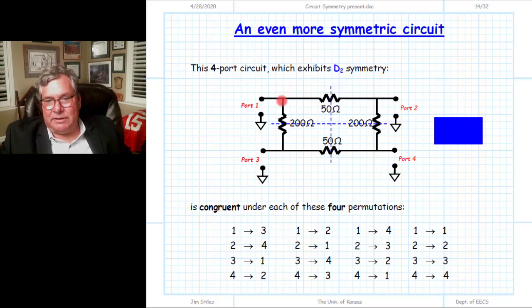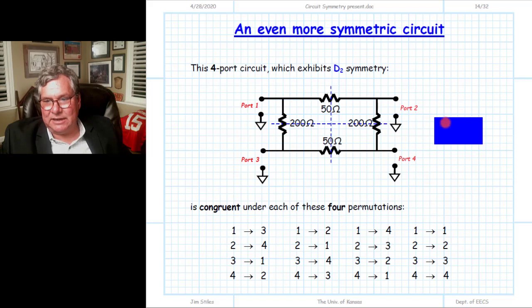By the way, I've written this as a 4-port device using simple resistors. Of course, we could use more complex values in here, more complex structures and reactive elements, and ultimately we'll talk about lengths of transmission line that preserve this symmetry. But I'm just trying to make a simple 4-port device where it's obvious to see that the symmetry of this structure is that of a rectangle.